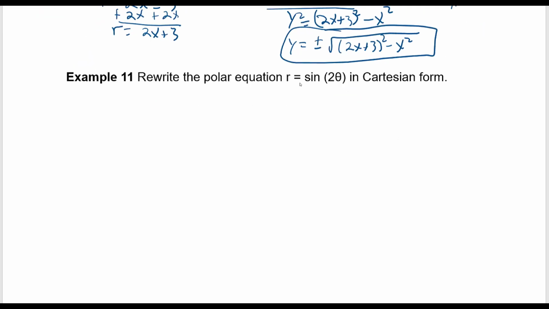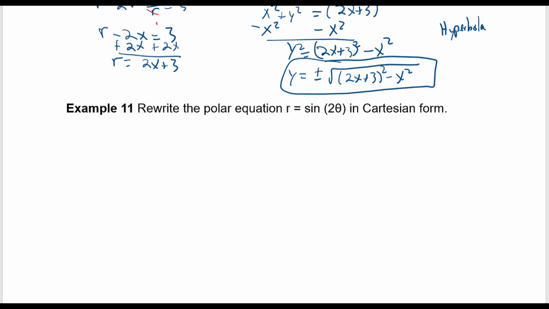Rewrite the polar equation r equals sine 2 theta in Cartesian form. So for this one, we need to break this down a little bit, so use some of the rules we have. So r equals sine of 2 theta.